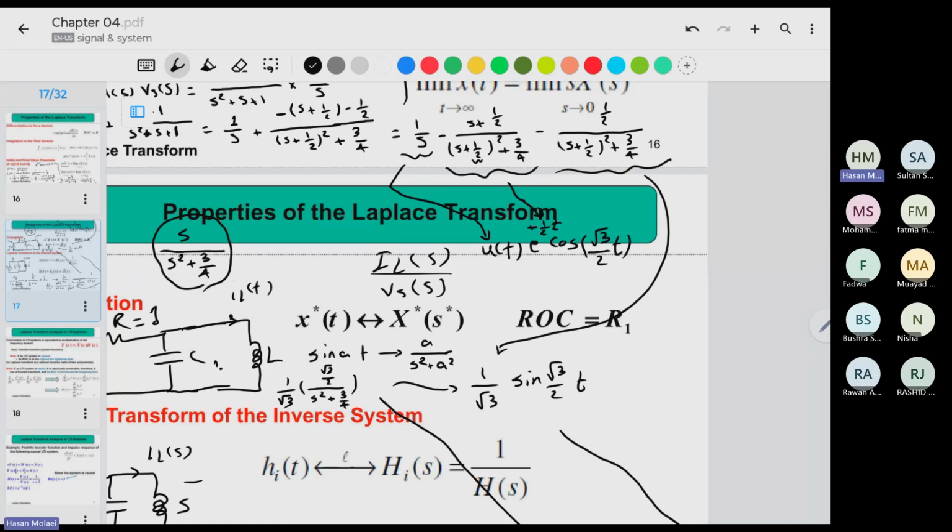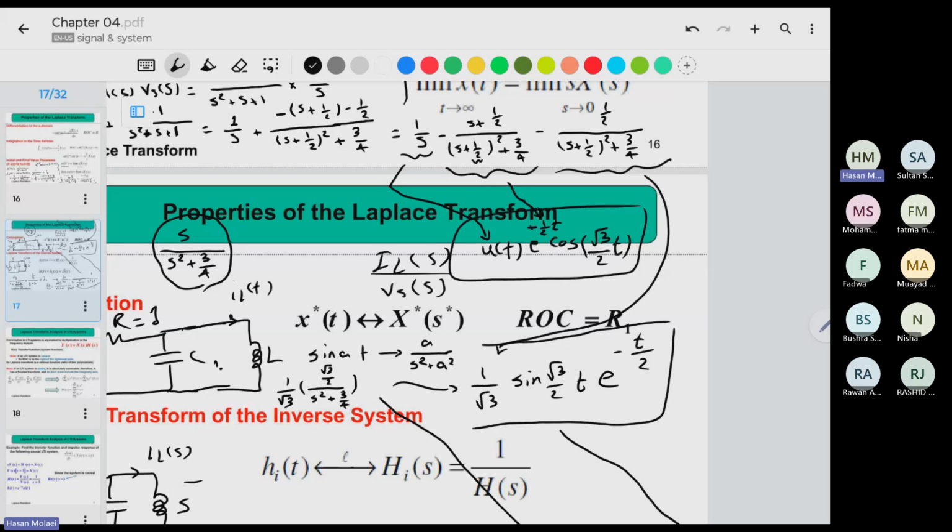So after that, I need to change f to f plus 1/2, which means I should multiply this by e to the power of minus t over 2. So these are, and plus this.